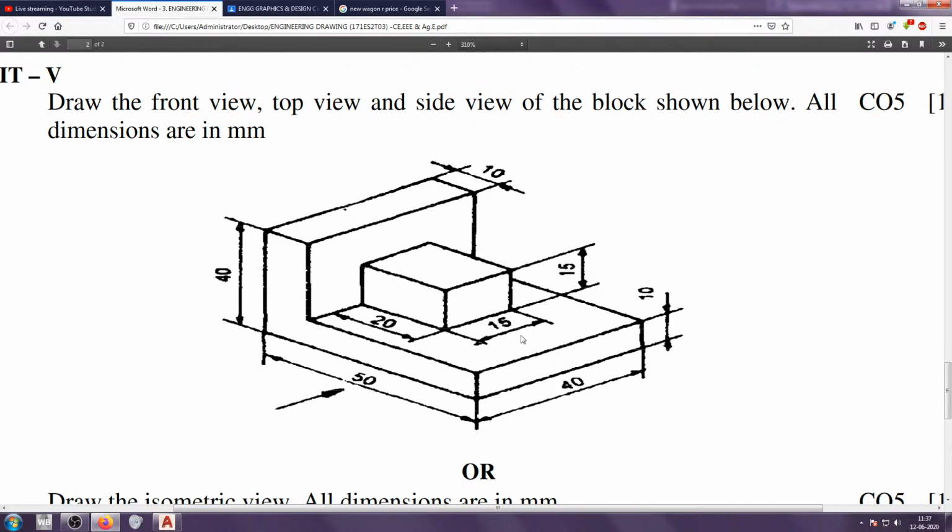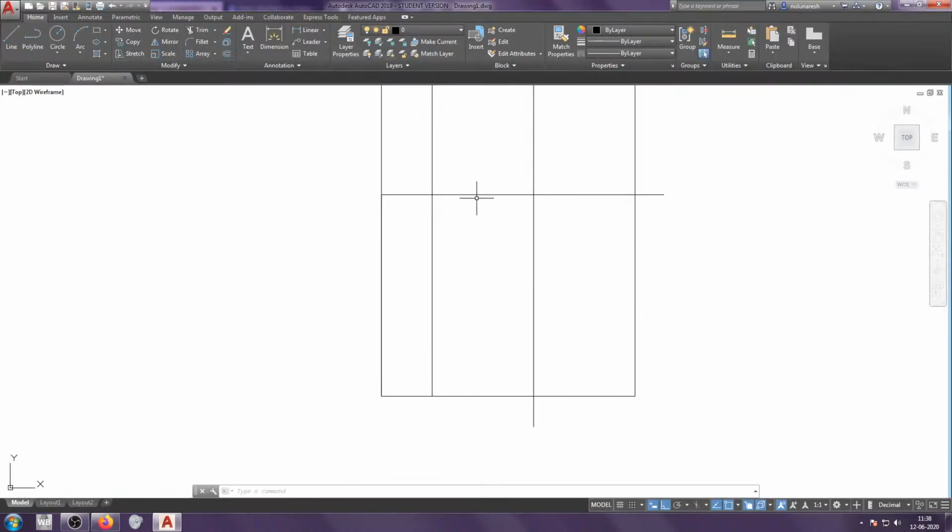If you subtract 15, you are left with 25, right? So this block seems to be at the middle. So 40 minus 15 means 25. This dimension and this dimension are both 25. So if you divide 25 by 2, you will be left with 12.5.